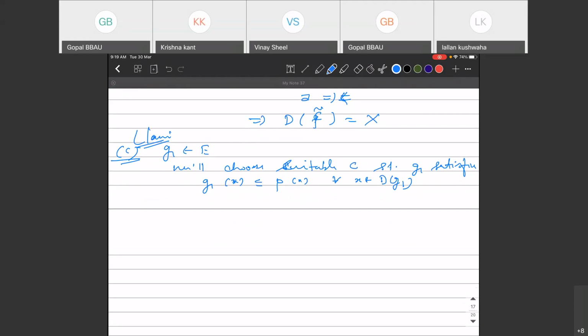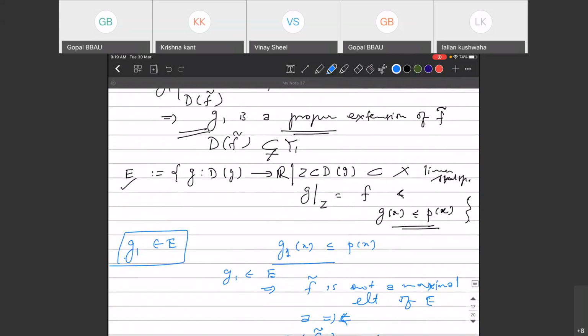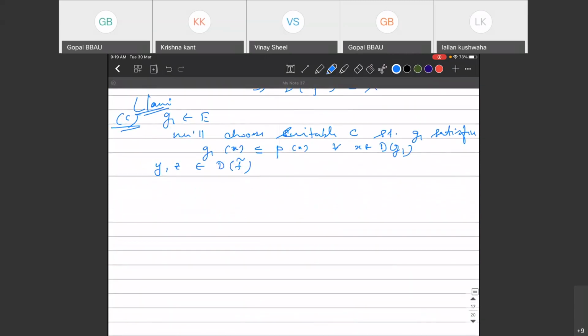So let's do this. We consider two points y and z in the domain of f tilde, and use the definition of E. What is E? These are extensions of f such that g x is less than or equal to p x. So f tilde also belongs to E. So f tilde is an extension of f and f tilde is less than or equal to p.